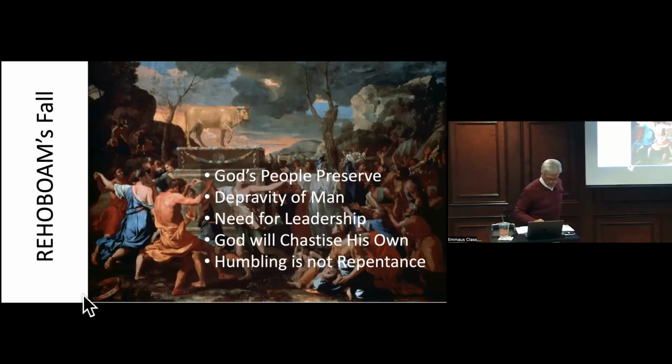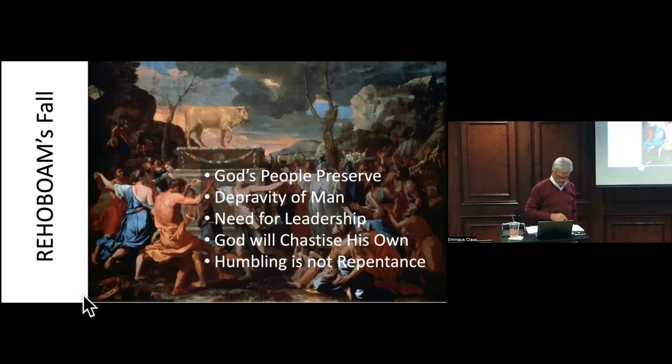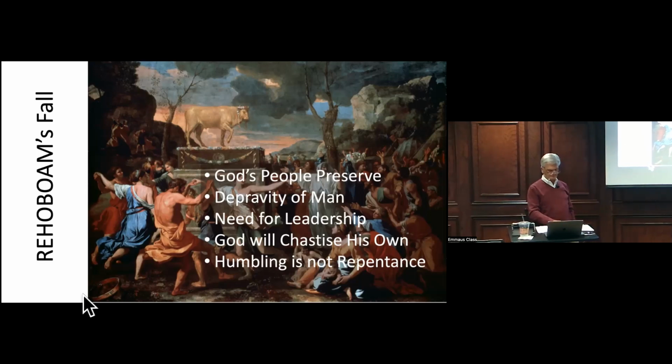But 2 Chronicles 11:13-17 tells us something very interesting. The priests and Levites from all their districts throughout Israel sided with him. The Levites even abandoned their pasture lands and property and came to Judah and Jerusalem because Jeroboam and his sons had rejected them as priests of the Lord. And he appointed his own priests for the high places and for the goat and calf idols he had made.